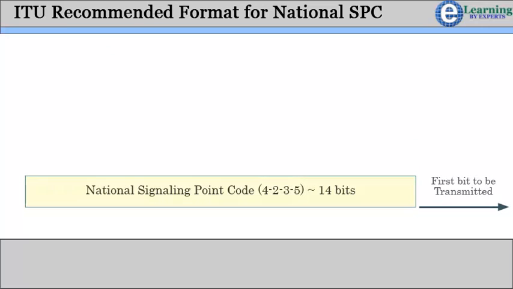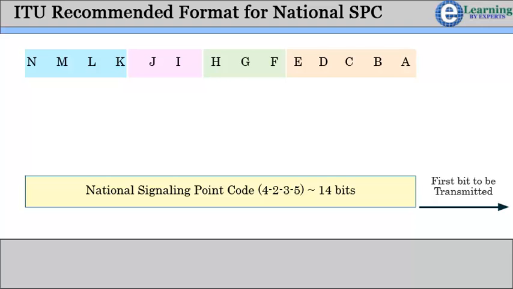The ITU recommended format for national SPC is also 14 bits long and distributed in a 4, 2, 3, 5 format. The 4 bits, K, L, M, N, identify the network operator or service provider.